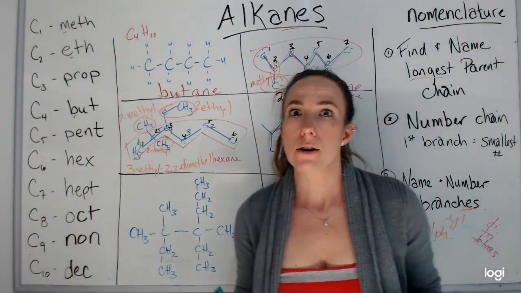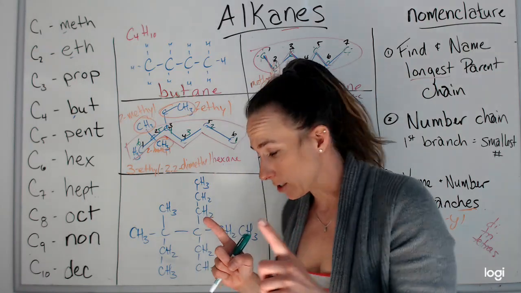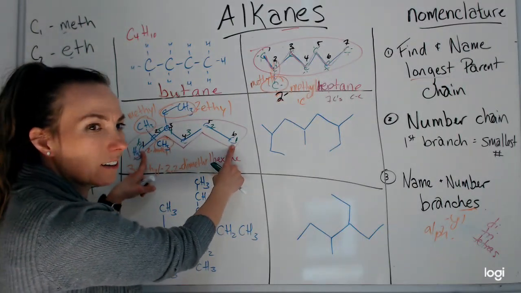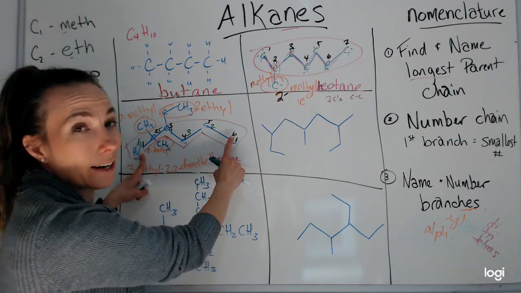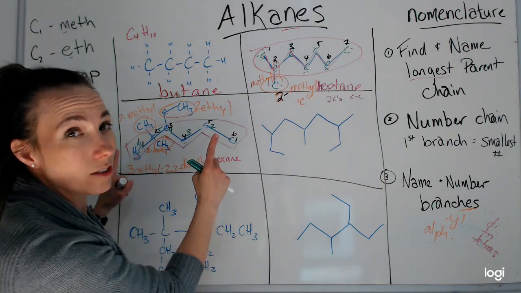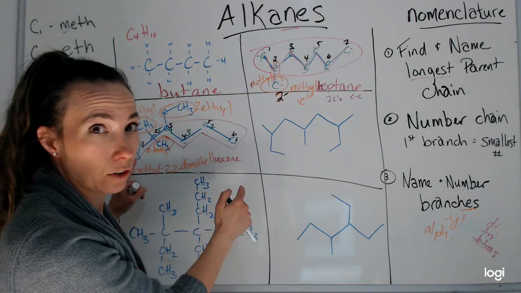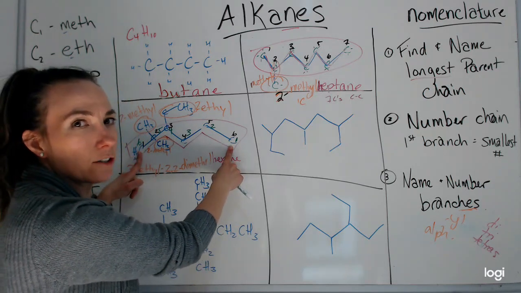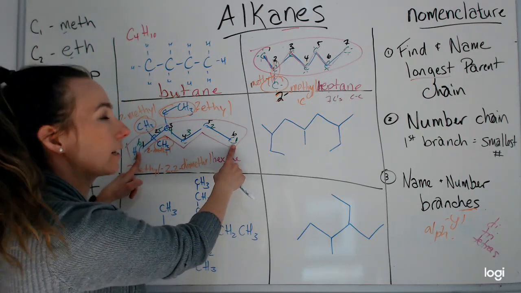So this is how you're going to figure that out. You're going to take your fingers and put them on the end carbons, and it's like a little game. This carbon wants to be carbon 1 and this carbon wants to be carbon 1. And the one that gets to win this game is whoever hits a branch first. So I want to be carbon 1. I want to be carbon 1. Well, I don't have a branch on me, neither do I. Okay, let's keep going.